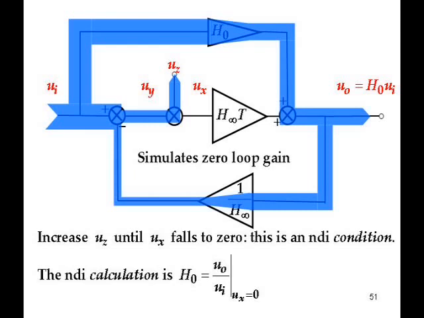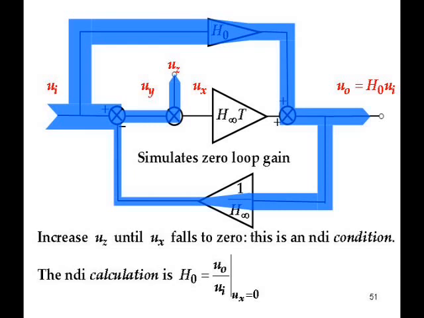So this is how we calculate the H0. We inject a test signal, adjust it in the presence of the UI. That's null double injection, until the output is 0. And you just calculate what the transmission through the H0 box is. And that's the value of H0. And it's a very easy calculation to do.